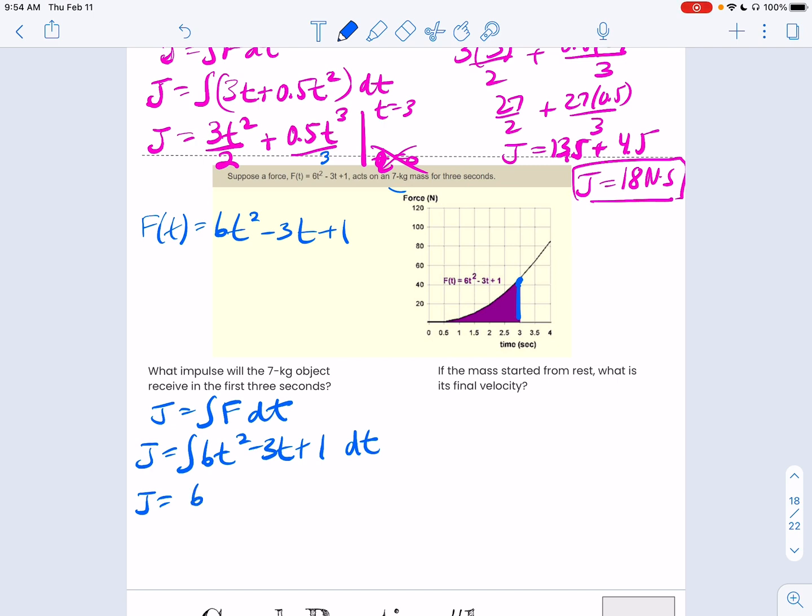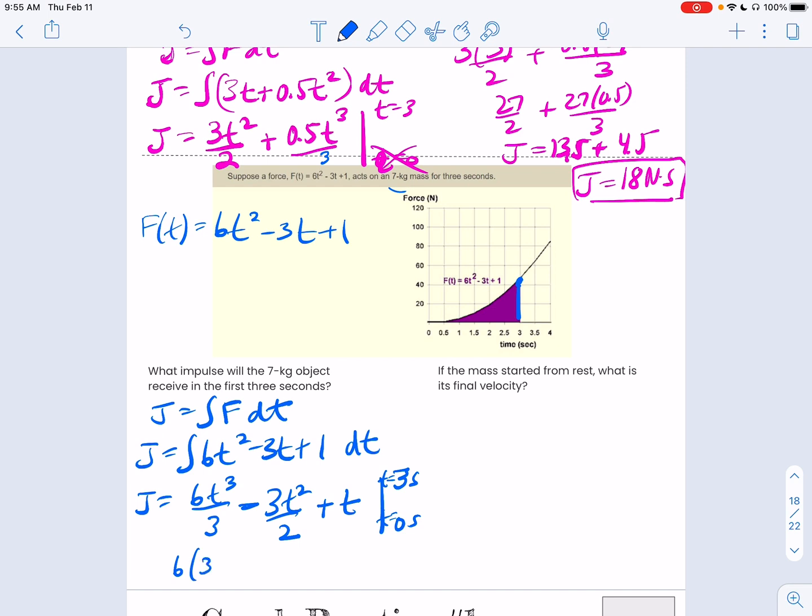So 6t cubed over 3, that'll cancel, minus 3t squared over 2, because the 2 will come down and cancel, plus t, because that would just be 1. And that's from 0 to 3 seconds again.